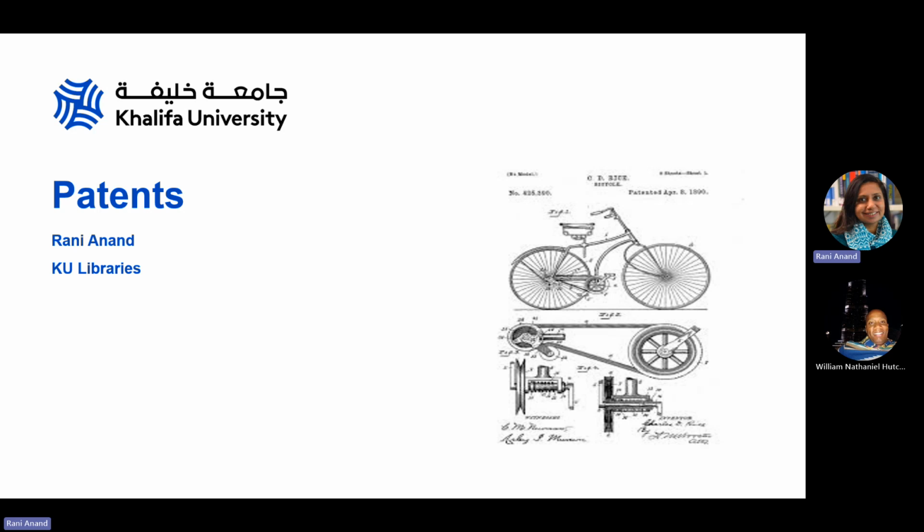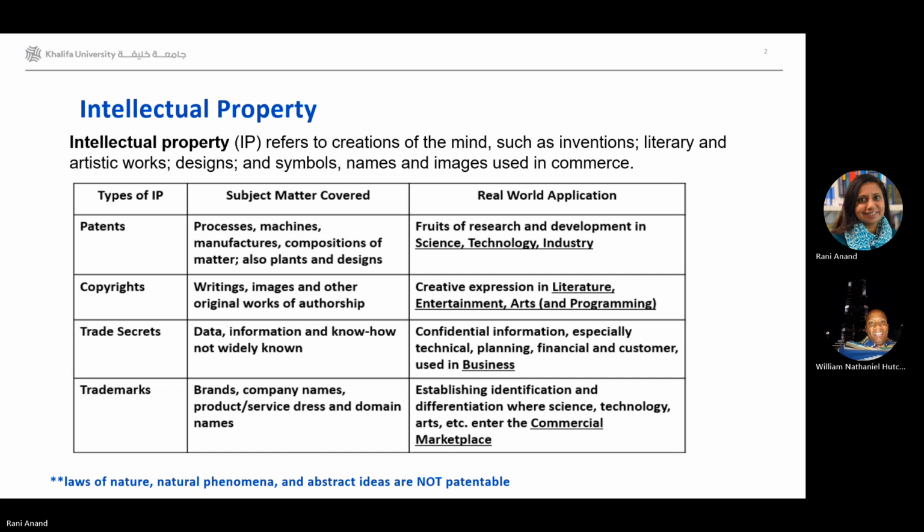So, patents. A patent is a type of intellectual property, which refers to creations of the mind, like literary and artistic work, designs, symbols, names and images.